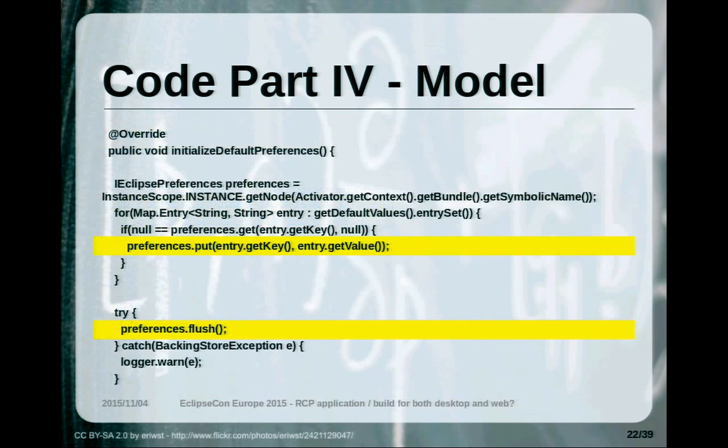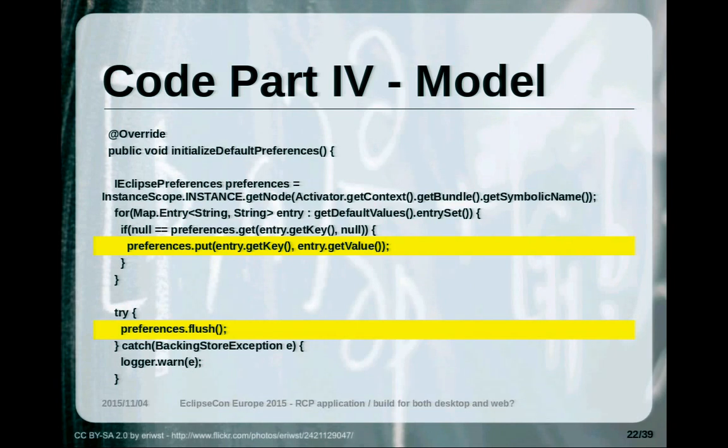And as all of you know, what we have in the plugin.xml file is that we can initialize all those preferences with this plugin.xml definition. So what the plugin.xml definition is doing, it tries to initialize the values.